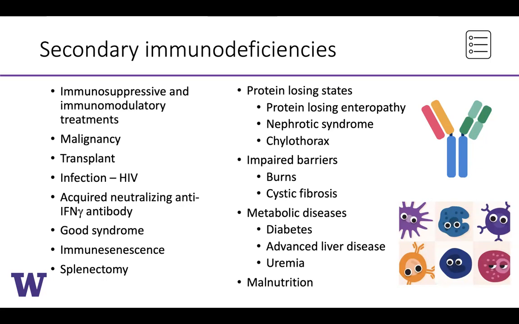As we age, the immune system also loses certain functions. Splenectomy can in itself lead to a certain type of immunodeficiency. And then other broad categories are things like protein-losing states, also simply impaired barriers where you can lose serum or proteins and therefore become hypogammaglobulinemic. Also metabolic diseases and simply malnutrition.